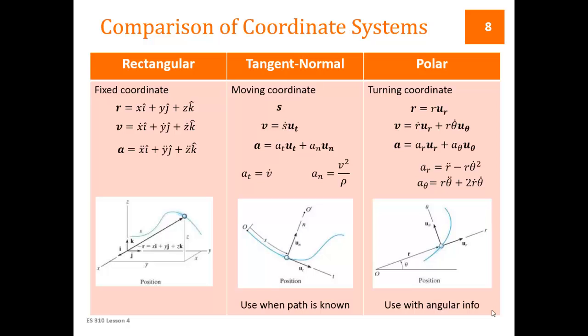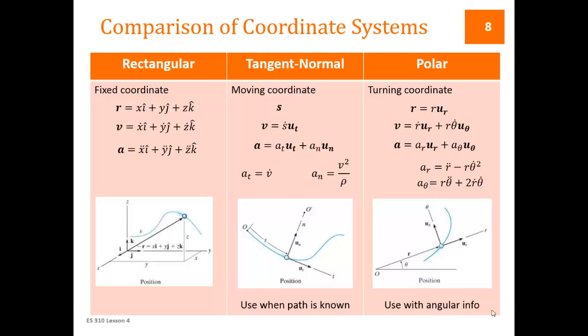But, on the other hand, r, v, and a could all have up to 3 components each. Okay? The tangent normal is useful when we know the path that the particle is following. Right? So if we have an equation for that path, for example, or we know it's a circle with a certain curvature, something of this sort, then it makes sense to use this coordinate system.